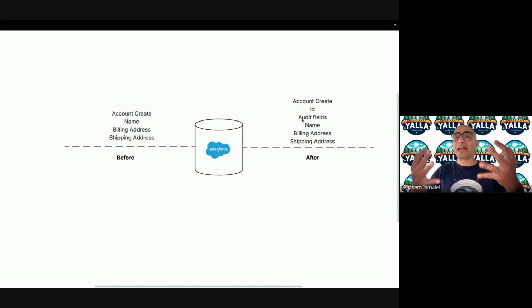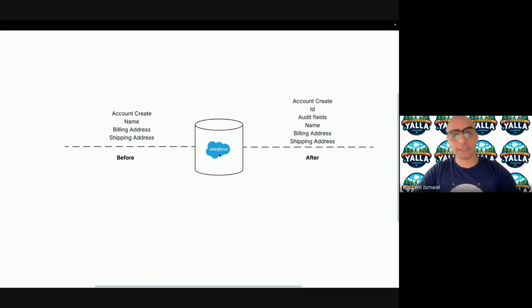So having the account created will be a required operation before we start the following dependent operation, which is creating a task related to it. So this is a big difference between before and after.